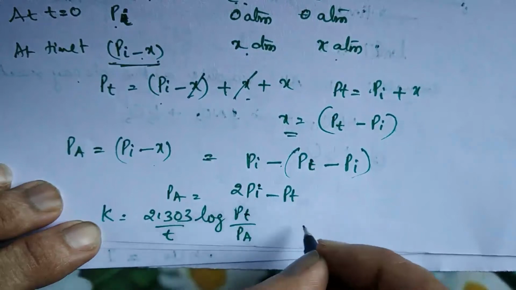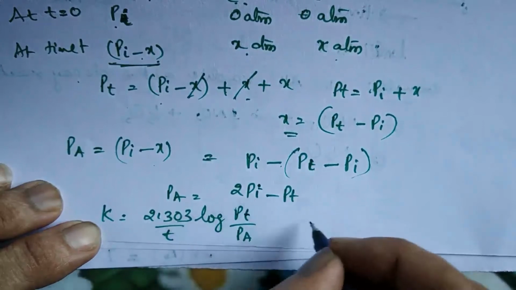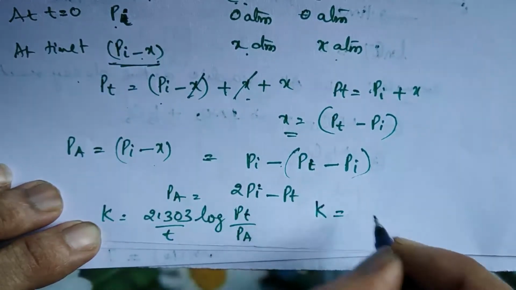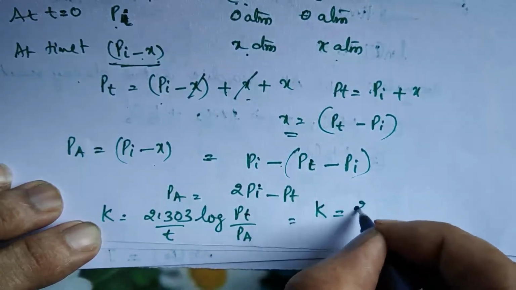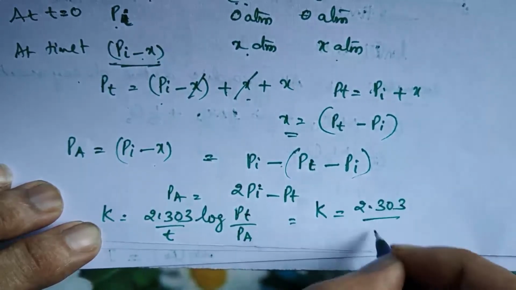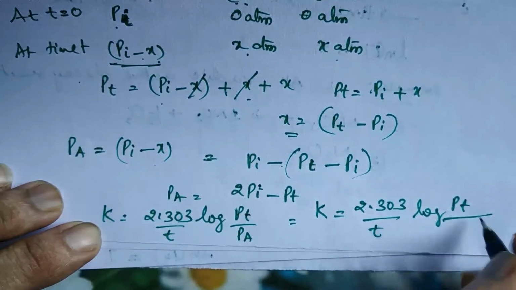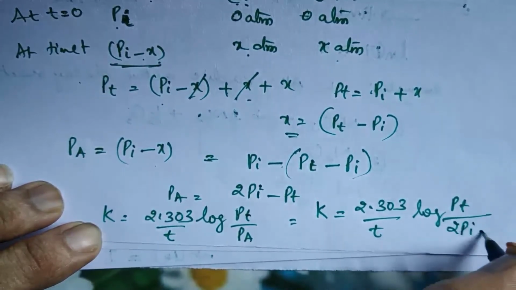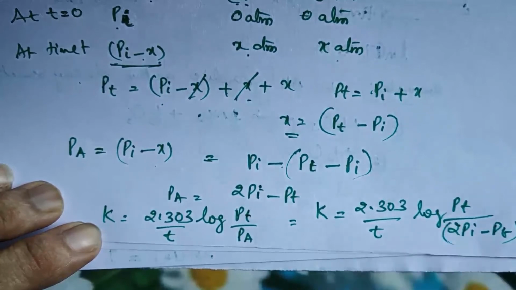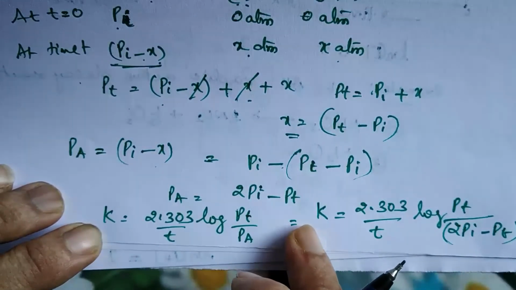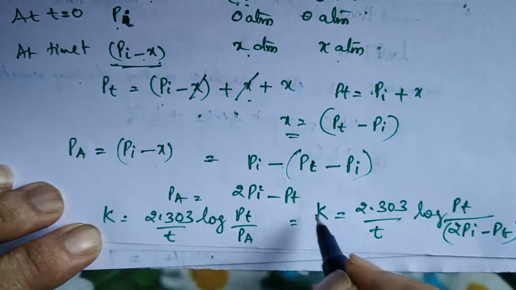We will substitute the PA value in this equation. So K is equal to 2.303 by t into log PT by 2PI minus PT. So that is about the first order reactions for the gaseous phase.